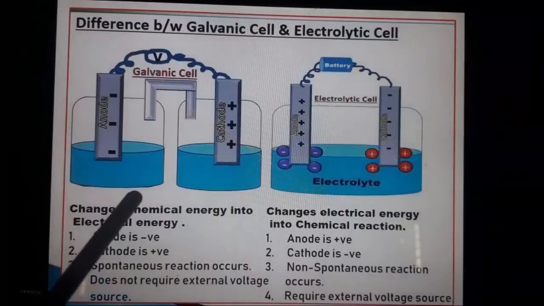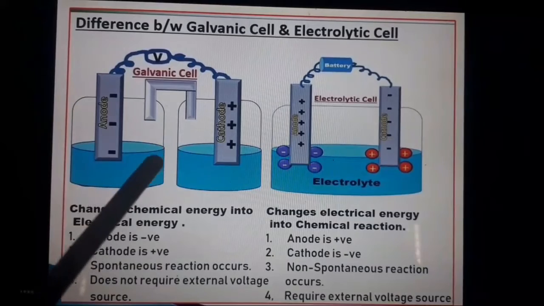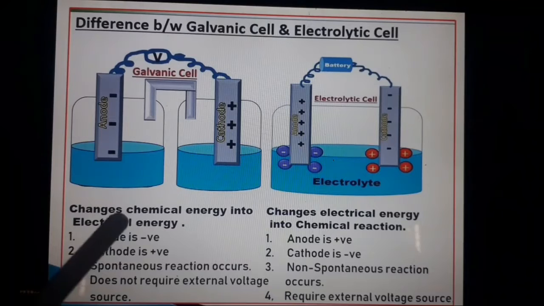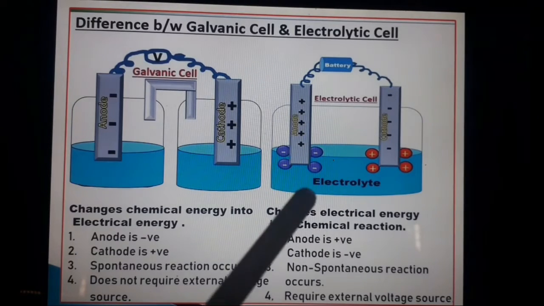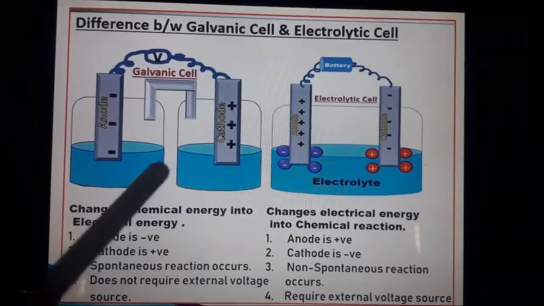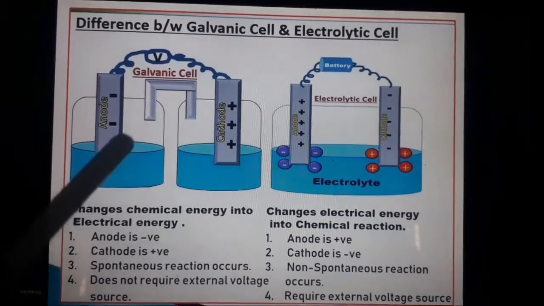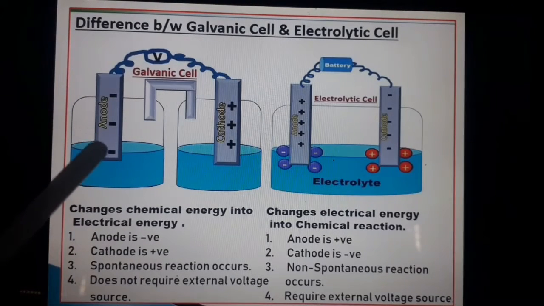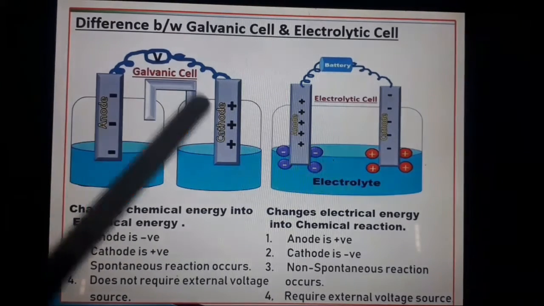Now, what are the differences between the galvanic cell and the electrolytic cell? The two images are there. The galvanic cell changes chemical energy into electrical energy; the electrolytic cell changes electrical energy into chemical energy. In the galvanic cell, the two solutions are connected with a salt bridge. Anode acts as negative and cathode as positive, with oxidation and reduction.